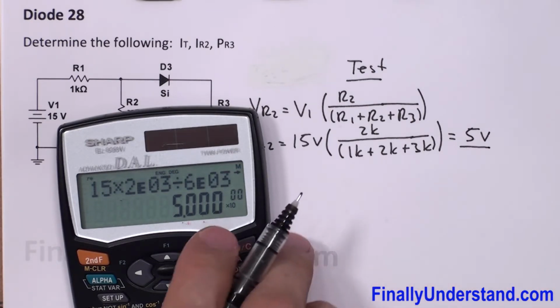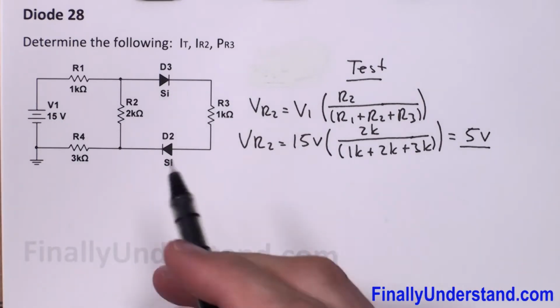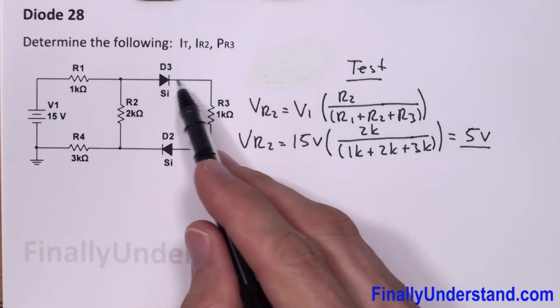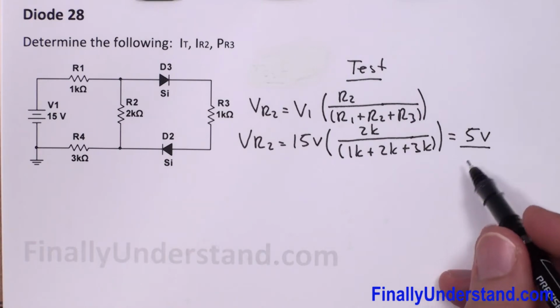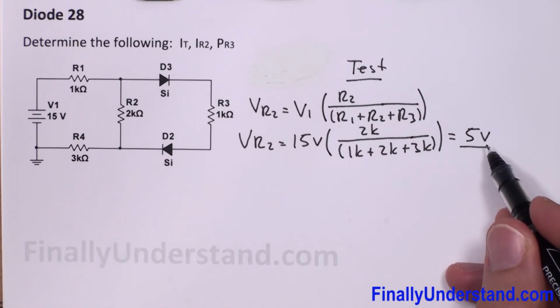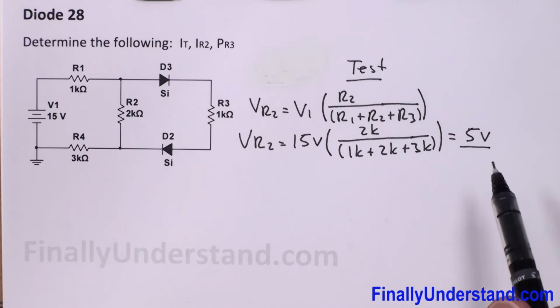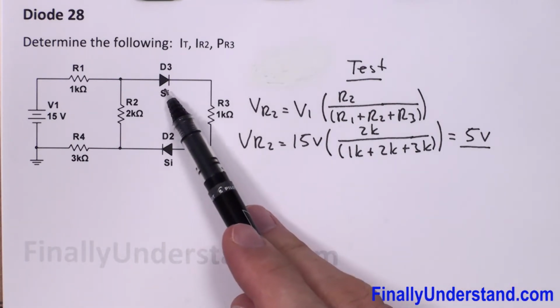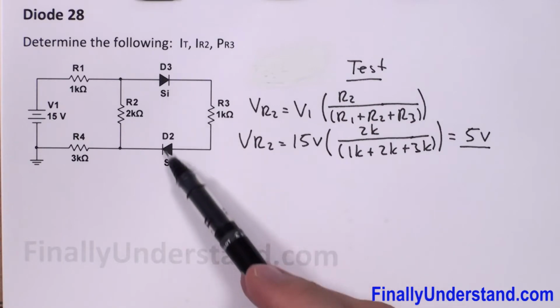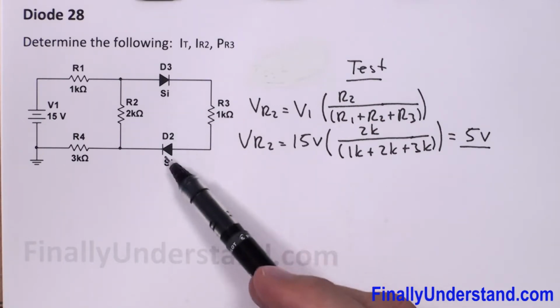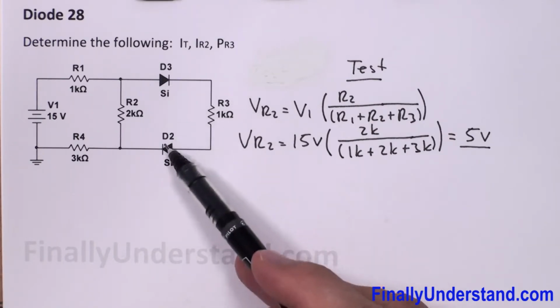So the voltage across this resistor without this branch is going to be 5 volts. So 5 volts is greater than 1.4 volts, because the sum of the voltage drops across these two diodes is 1.4 volts.